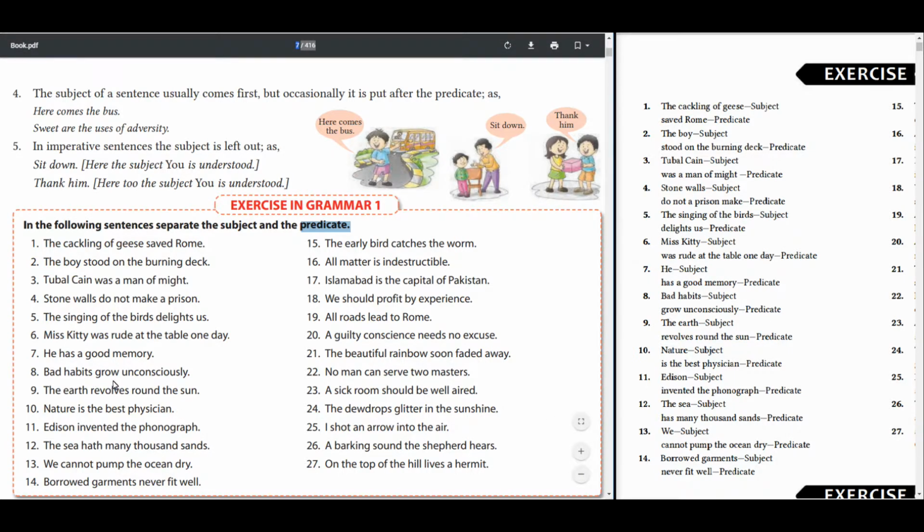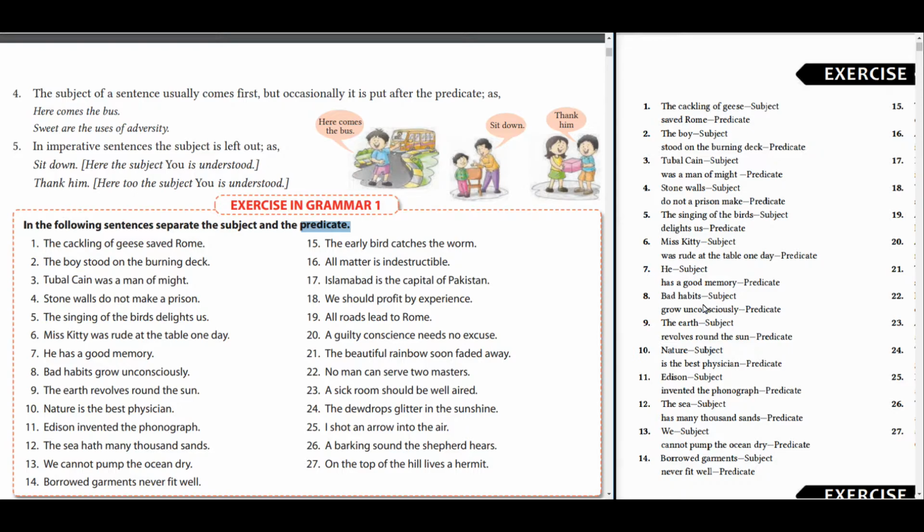Bad habits grow unconsciously. Bad habits, subject. Grow unconsciously, predicate. The earth revolves around the sun. The earth is a subject. It does something: revolves around the sun.